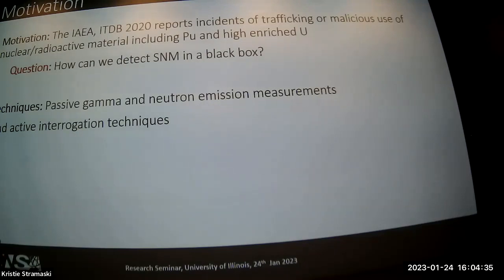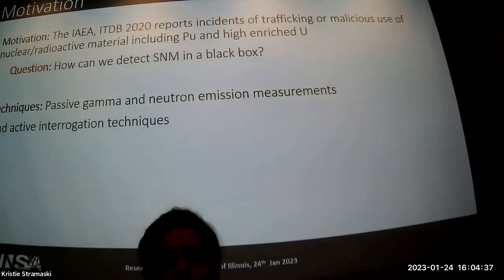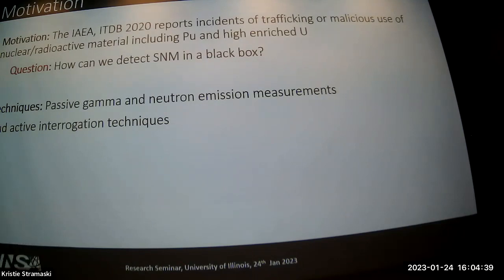The main, or long-term, goal of these projects is to identify special nuclear materials, especially the sensitive uranium and plutonium isotopes. With that, we want to be able to prevent the illegal trafficking of these isotopes or stop any malicious activities, because these are sensitive isotopes.